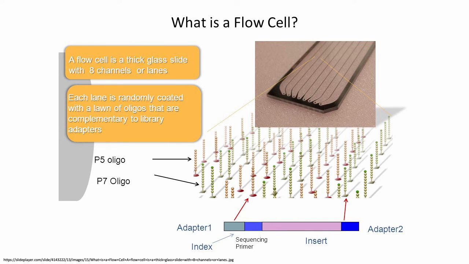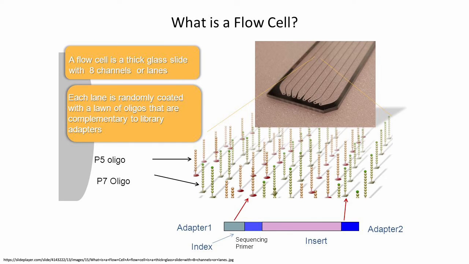When sequencing actually occurs, you're passing your DNA fragments that have the adapters ligated to them over each lane. And because your adapters have those P5 and P7 sequences on them, they'll hybridize to the complementary P5 and P7 oligos that are fixed on the slide.